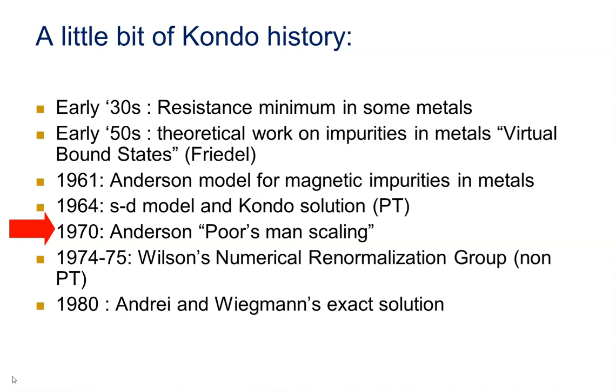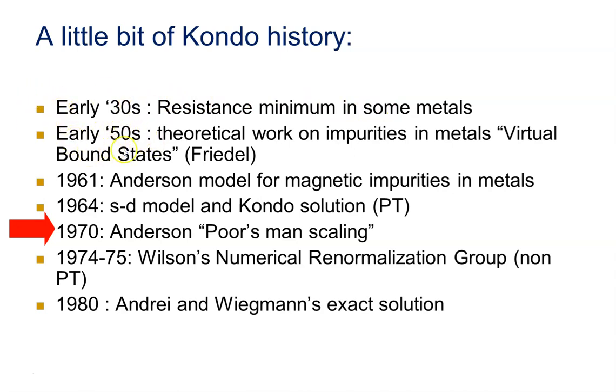So let's give a sort of timeline of the history of the Kondo effect. As I mentioned, in the early 30s, there was the measurement of the resistance minimum in some metals. In the 60s, this minimum was known to be correlated with the presence of magnetic moments.